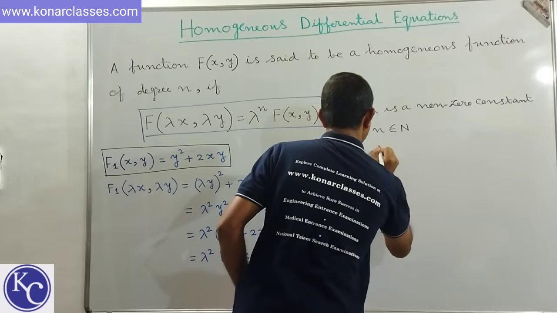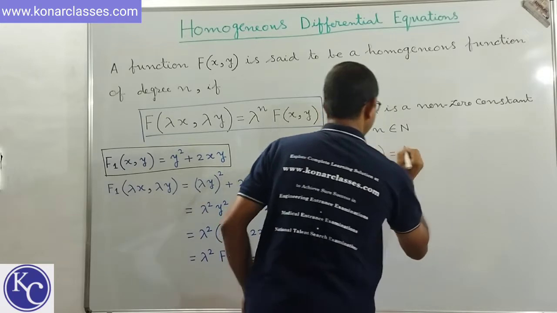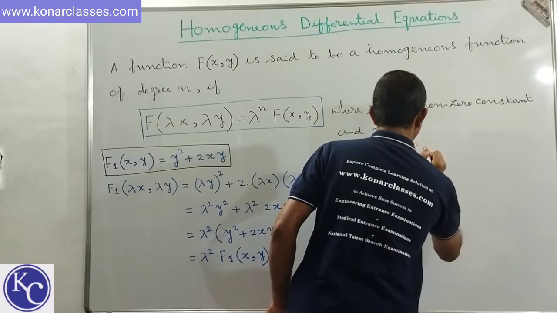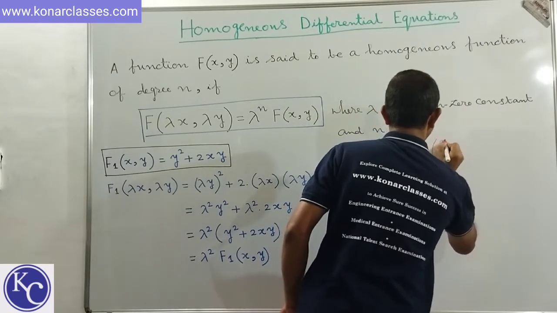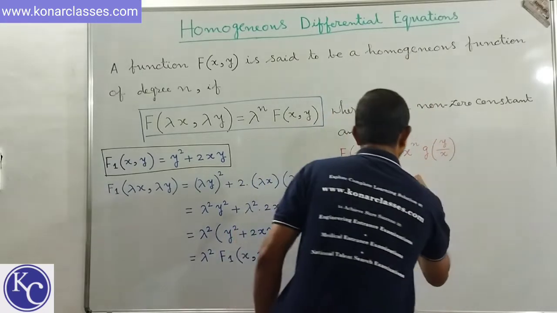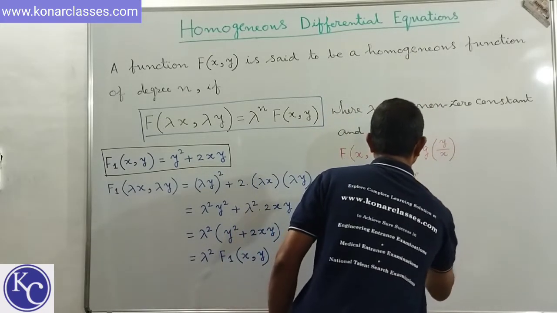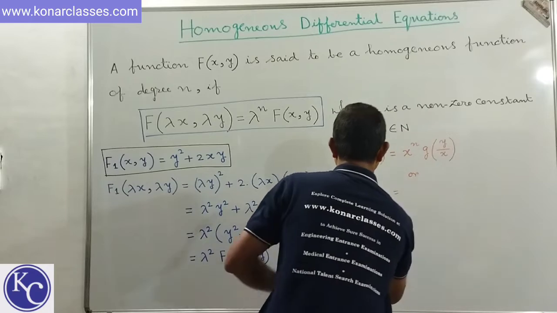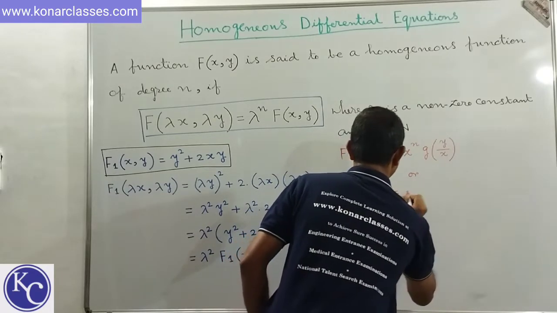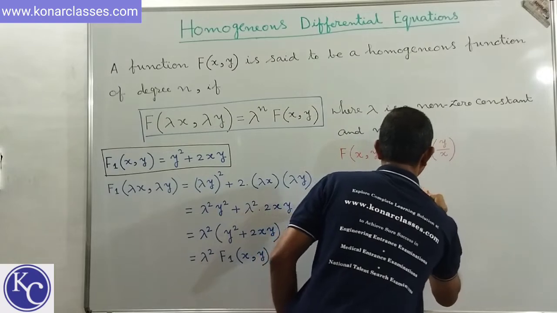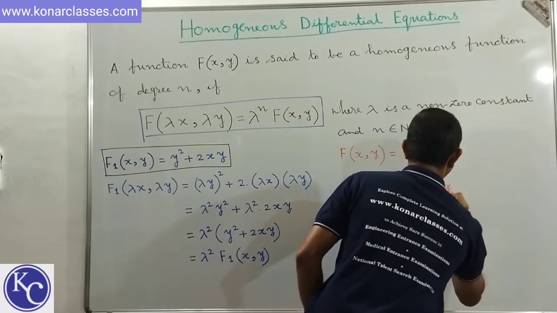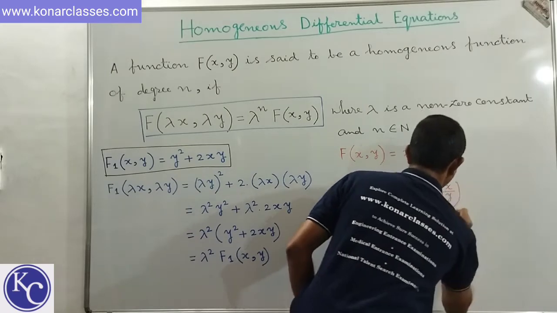A function f(x, y) is said to be a homogeneous function if we can express f(x, y) is equal to either x to the power n into a function g(y/x), or we can write that function f(x, y) as y to the power n into h(x/y). Okay.